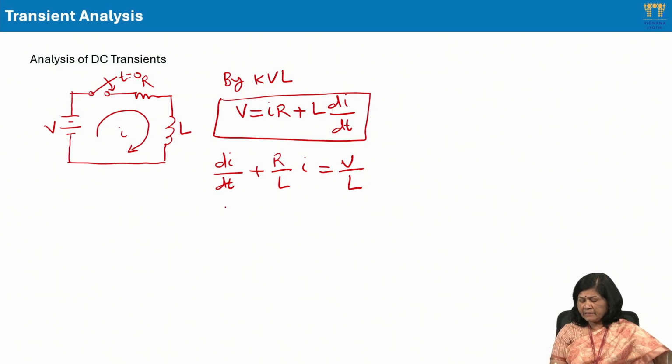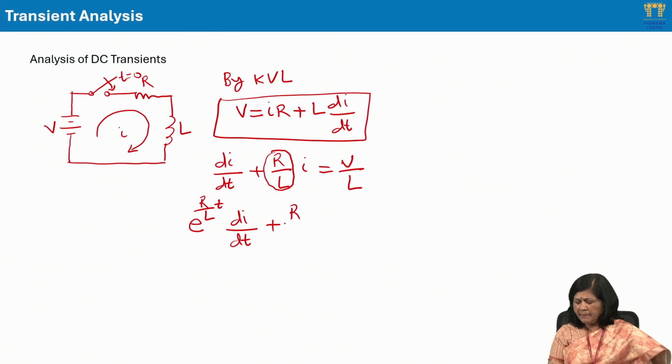The simplest method is to multiply both sides by the exponential of the constant which is the ratio R by L, like e to the power R by L into t: e to the power R by L t di by dt plus R by L i e to the power R by L t is equal to V by L e to the power R by L t.